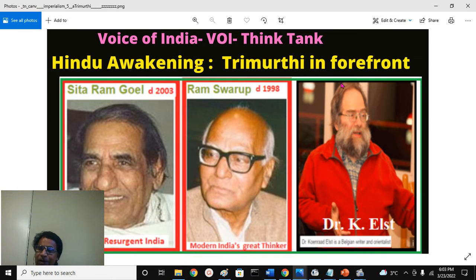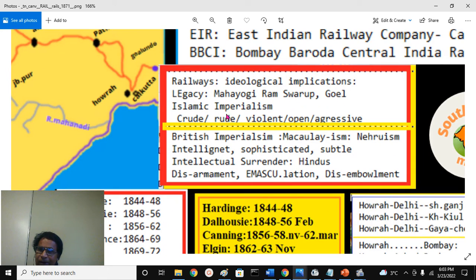You can look at their work and their websites, Voice of India, you can Google. I am mentioning that because railway lines have ideological implications, legacy. Mahayogi Ram Swarup, Sita Ram Goel, Koenraad Elst. When Muslims ruled India, Islamic imperialism was very crude, very rude, very violent, openly aggressive.